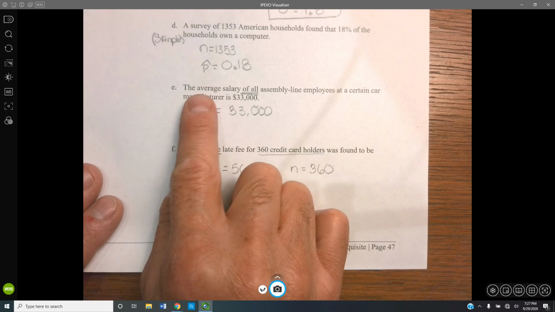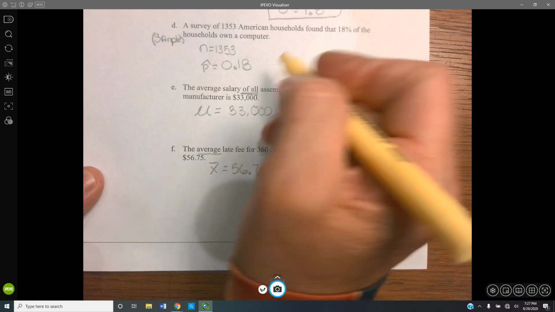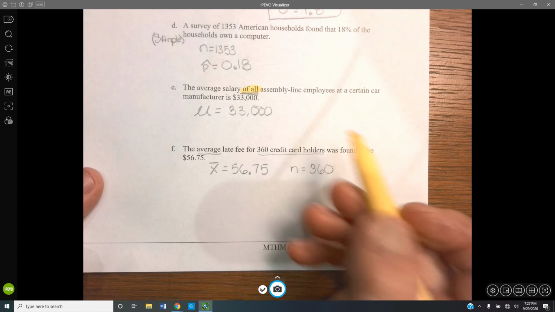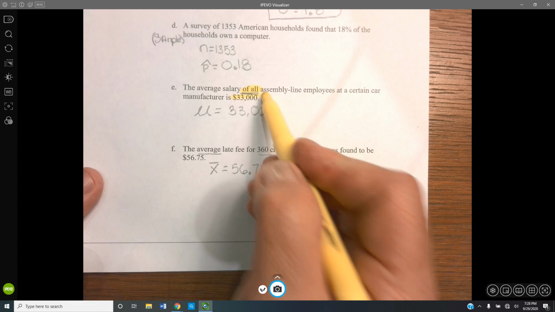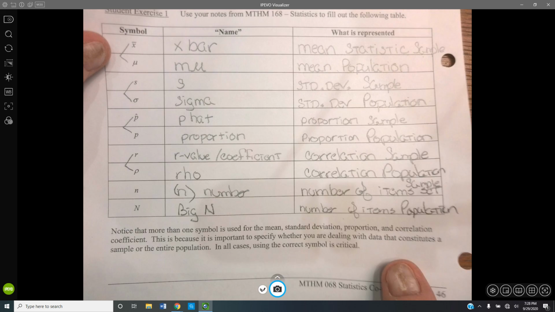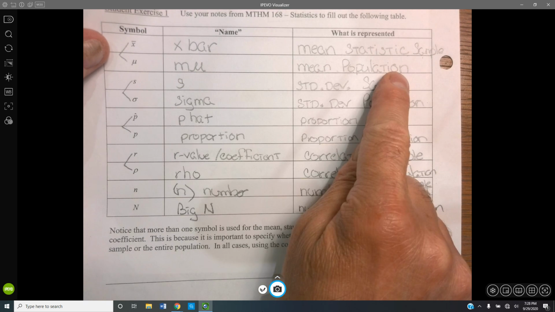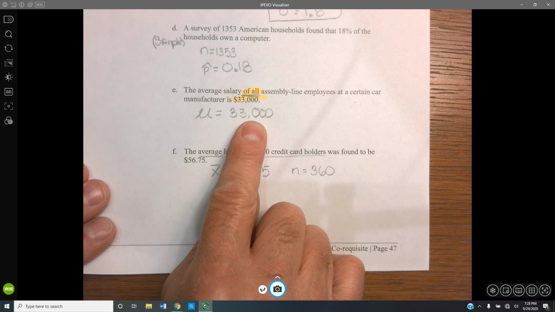Letter E. The average salary, notice I underline the word all, of all assembly line employees in a certain car manufacturer is $33,000. So if I go back to my statistical data sheet and find the mu value for a population, I can see that the mu value is 33,000.